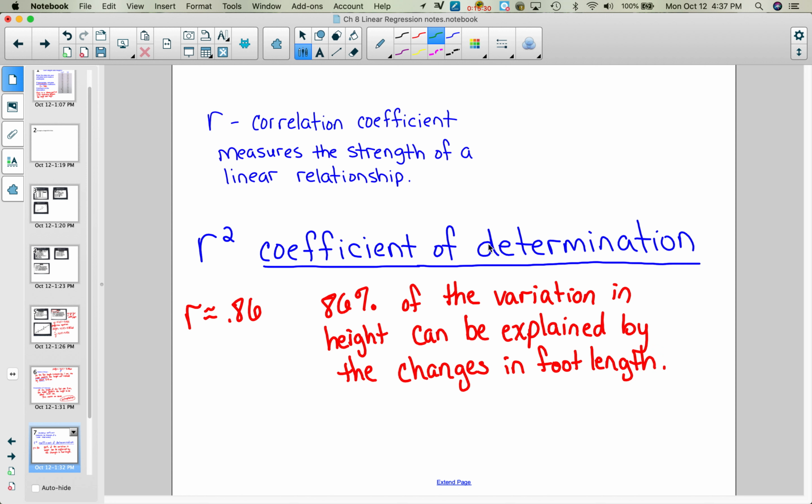Now I'm going to underline some parts here. This right here is R squared. Oh, I should have put R squared right here. Oops. So this is the R squared value. This is like a fill in the blank. 86% of the variation in this right here, the response variable, can be explained by the changes in the explanatory variable.